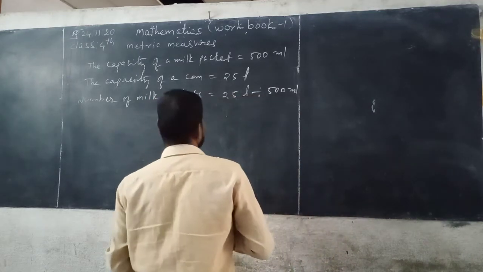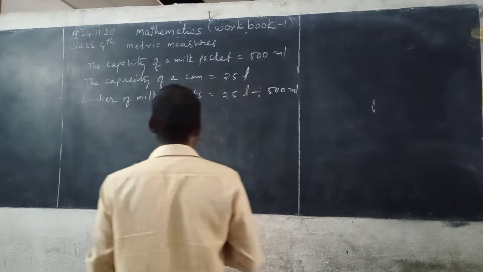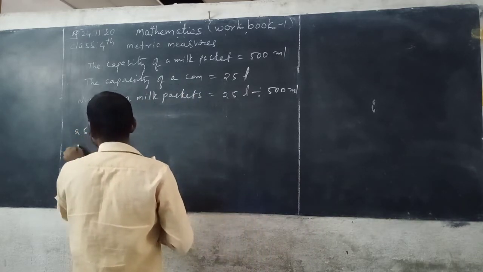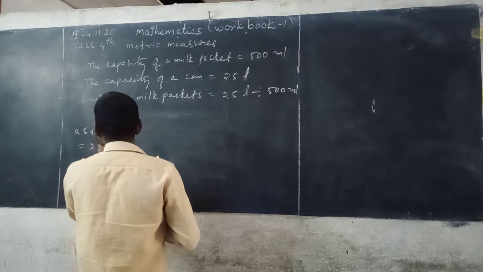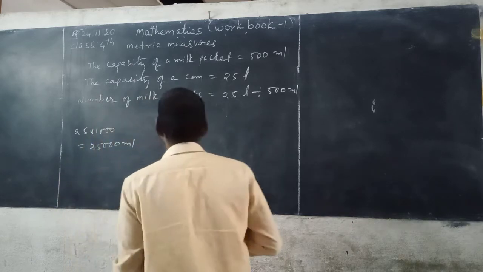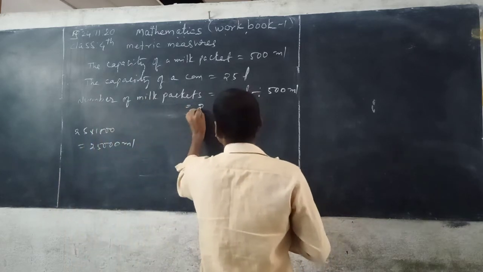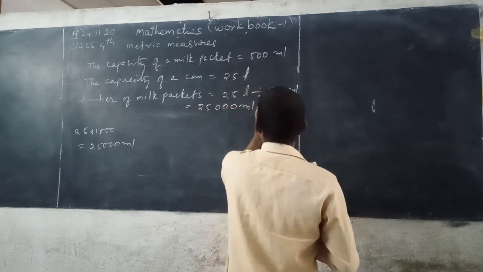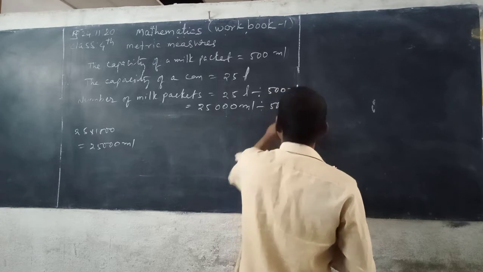Then you can do the rough work here. 25 into 1000, you get 25,000 milliliter. Write down here, 25,000 milliliters divided by 500 milliliters.